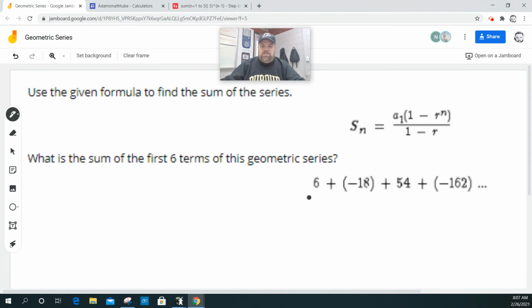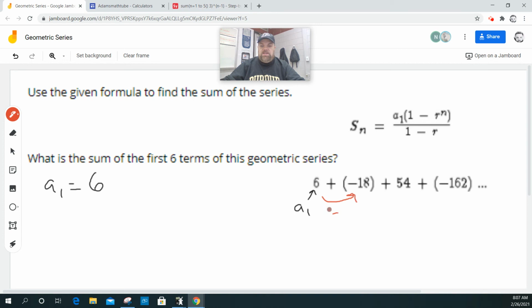Well, this is the first term, so this is my A1. In other words, A1 equals 6. And then to find our common ratio, what we've got to do is multiply by -3.